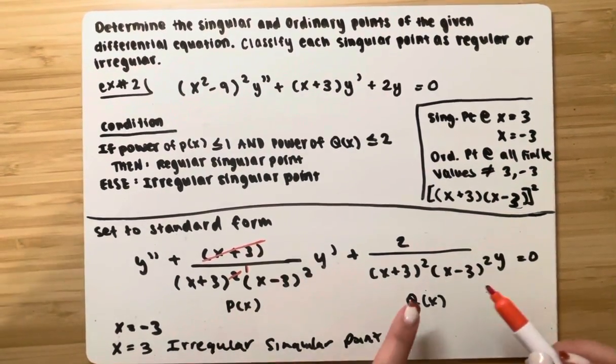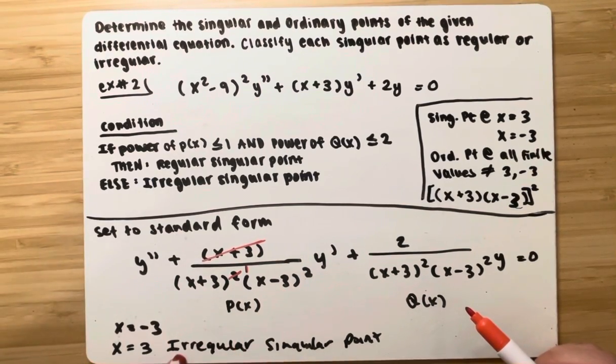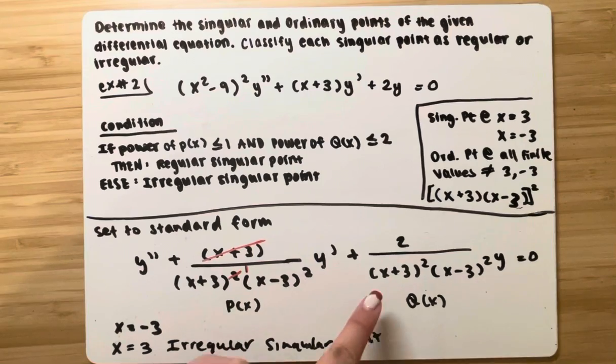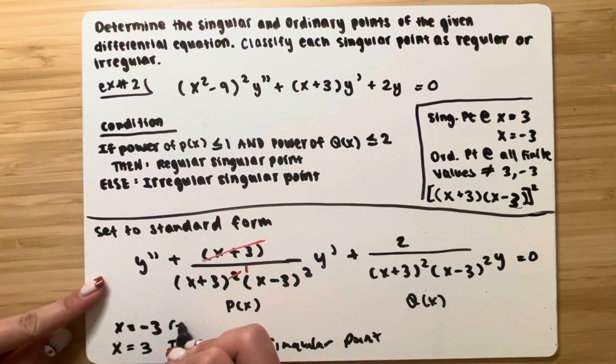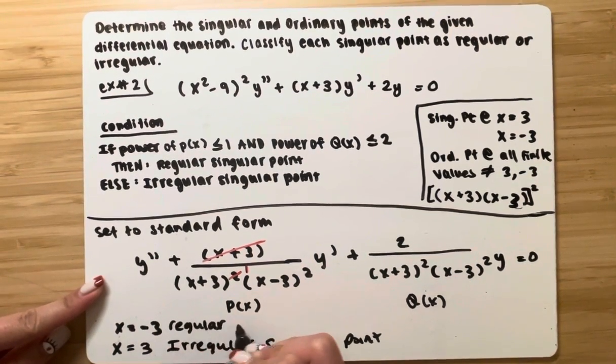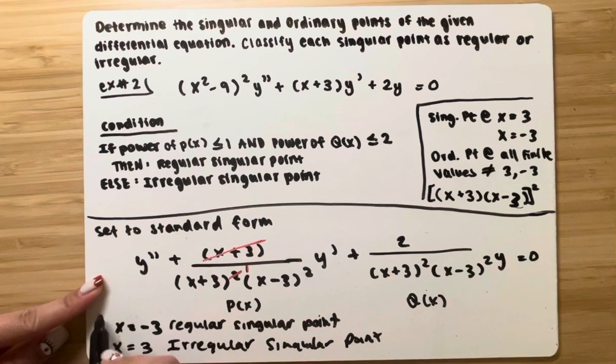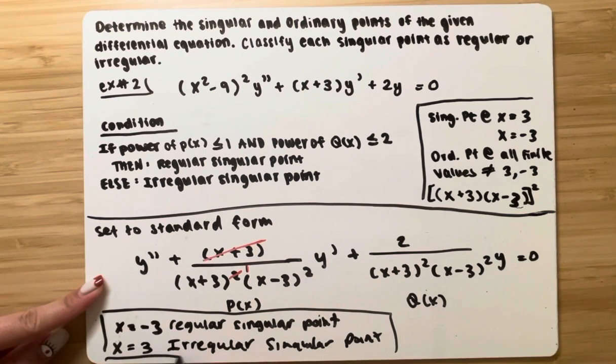But because it didn't hold true for p of x at x equals 3, that is an irregular singular point. And because it holds true for both p and q, x equals negative 3 is a regular singular point. So here we have our classification.